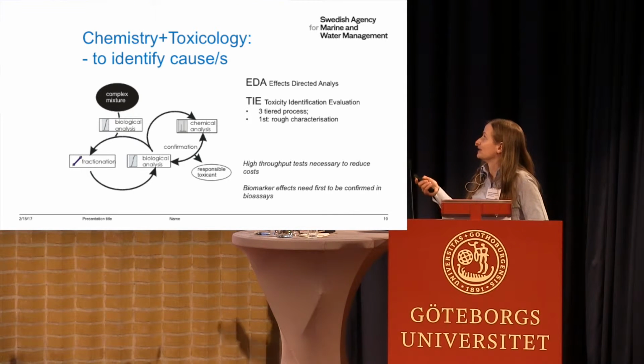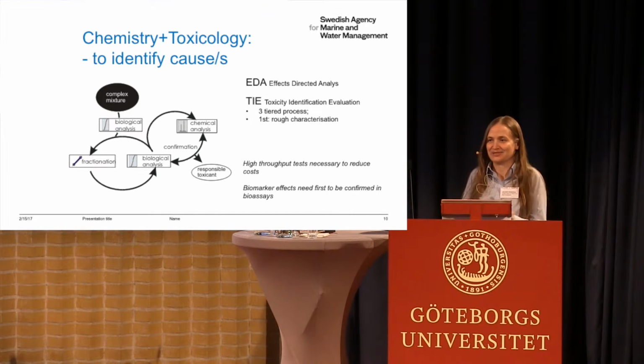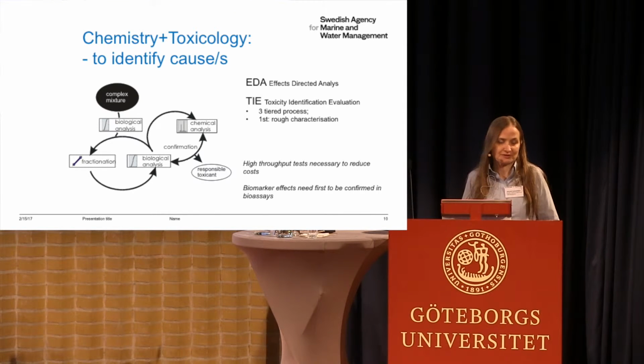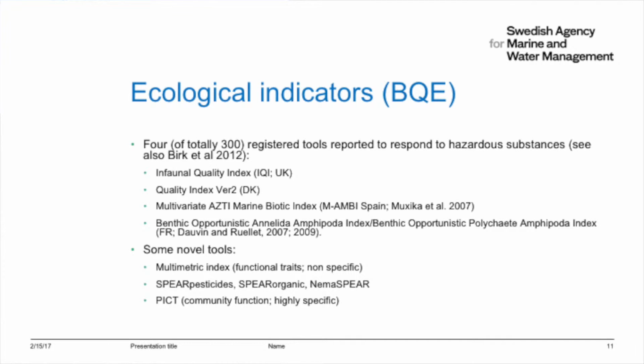And normally, I wrote causes also because sometimes it's not so easy to identify one single substance, but rather a few or more. Of course, if you want to do this, it's necessary to be able to use high throughput, short-term tests, but it is possible.